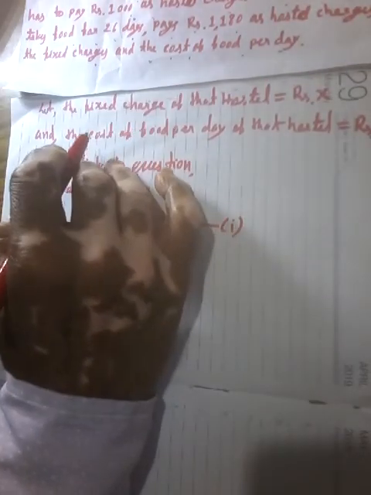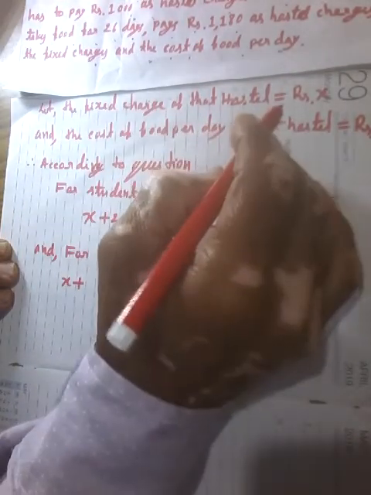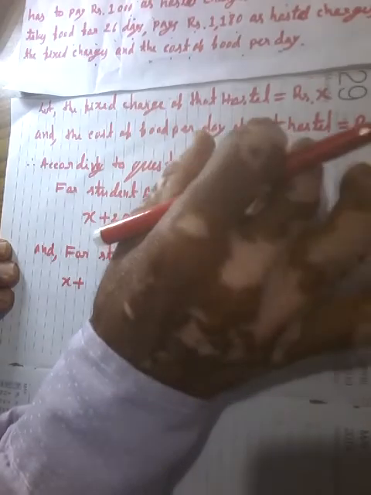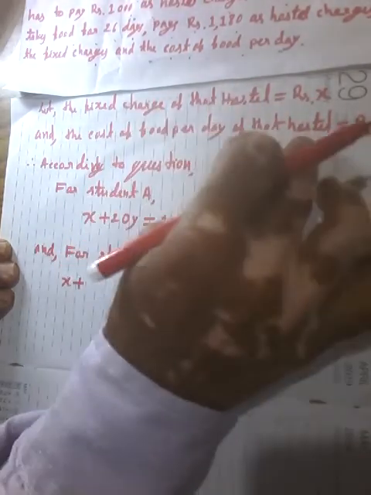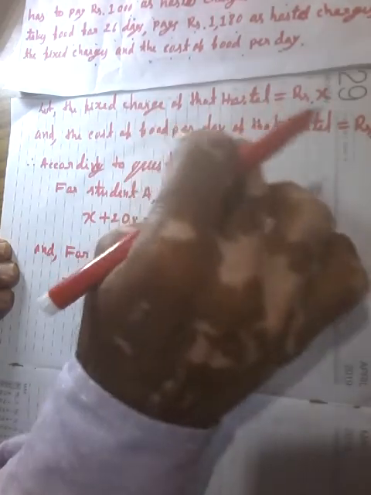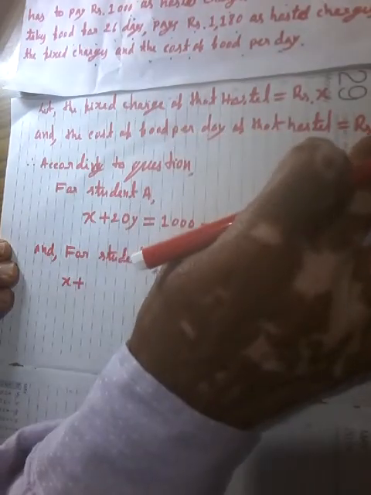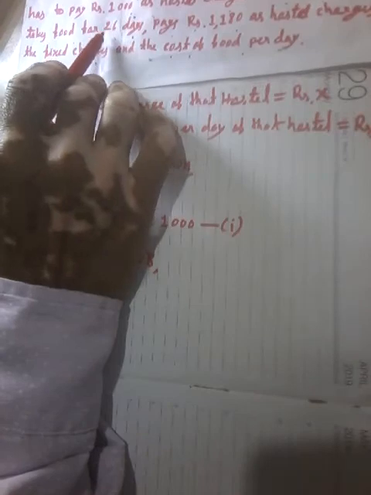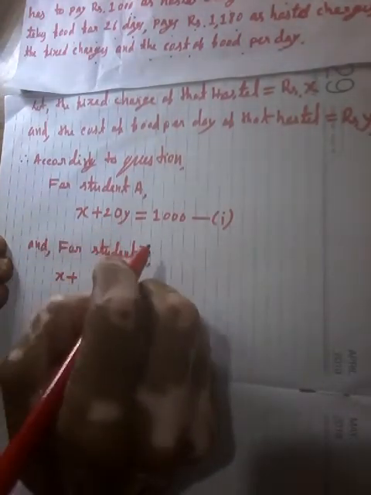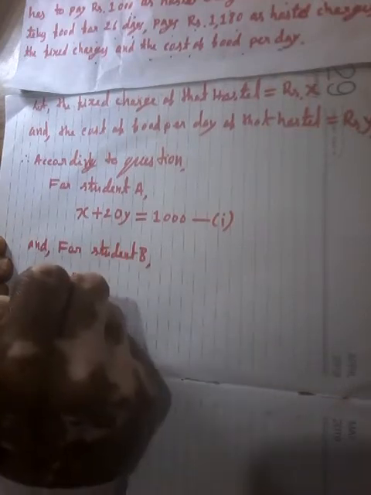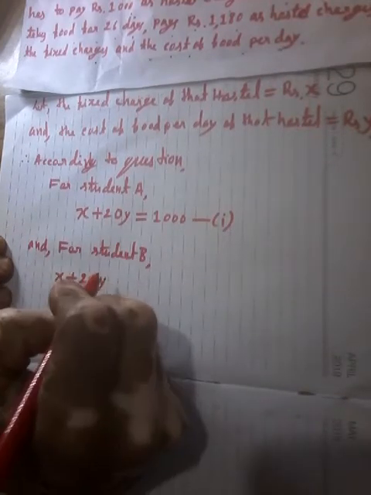That means if the student B has taken his food for 1 day, he has to pay rupees y. So if the student B takes his food for 26 days, in that case he will have to pay rupees 26y.